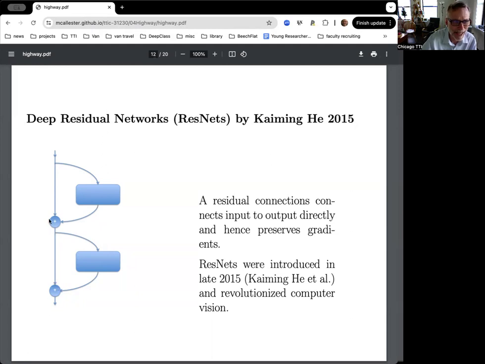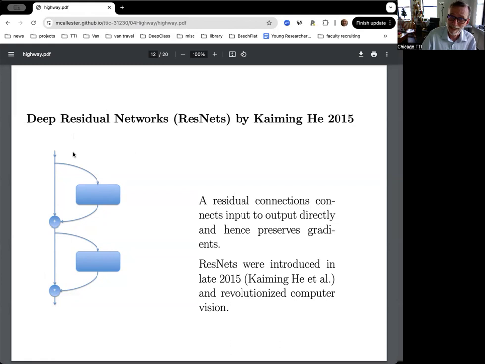And if this is just a stack of residual connections, there's a direct gradient path from the loss function back to the very first layer of the network. And that direct gradient path from the loss function to the first layer of the network allows the input layer of the network to be trained. Otherwise, the gradients get completely garbled by everything that's being done in the deep network between this loss function and the input.